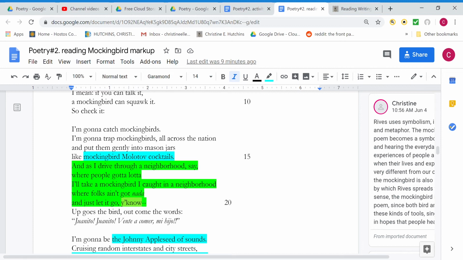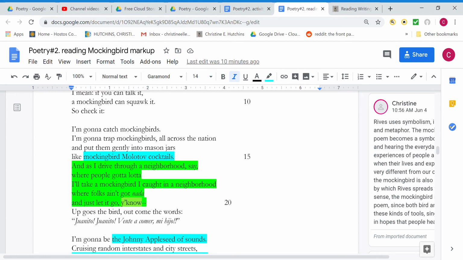So on the one hand, that's literal, the idea of taking these mockingbirds and trapping them and transferring them to different neighborhoods, but obviously also it's very symbolic. It's symbolism insofar as it's the idea of neighborhoods experiencing what it might be like to live in or listen to another neighborhood. It's imagery because it's highly visual.